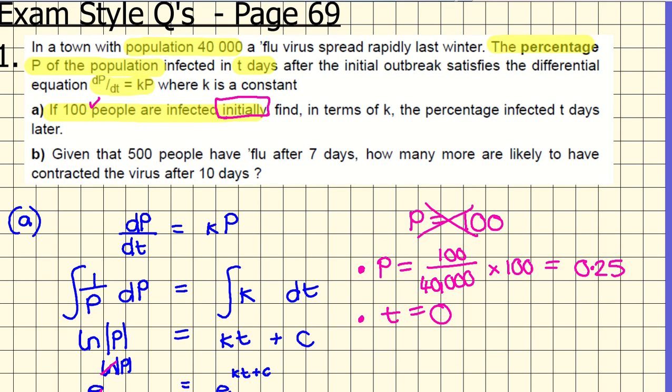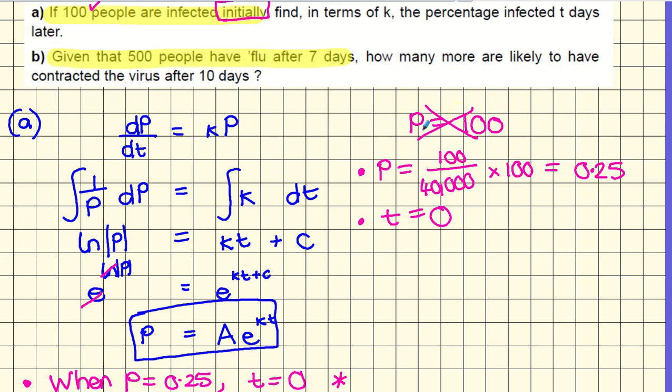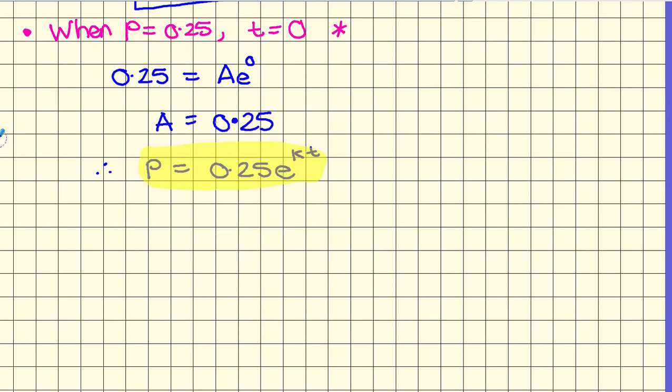Okay, right, on to part B. Okay, quite a lot is given just in the first line here. So given that 500 people have the flu after 7 days, that tells us something. Okay, so very similar to what's up here. Right, so I'll just go down a bit.